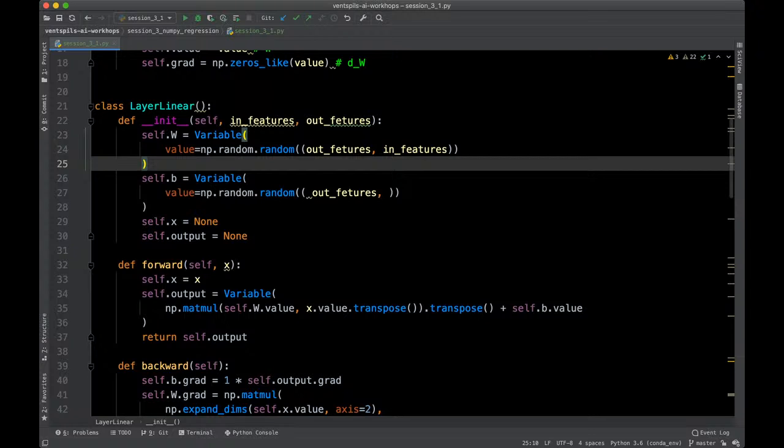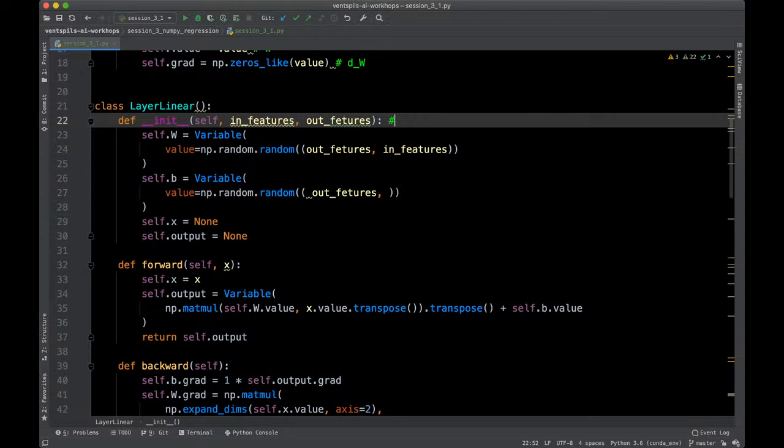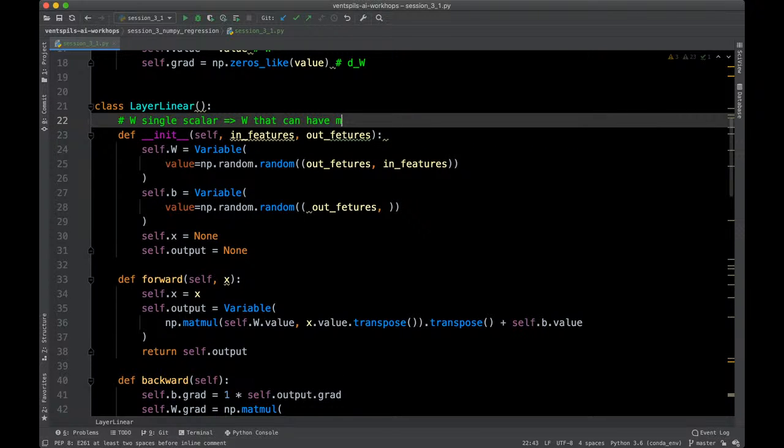The one thing that's different from the equation that we had today in our lesson was that today we had weight as a single scalar value, but what we want is weight that can have many values.